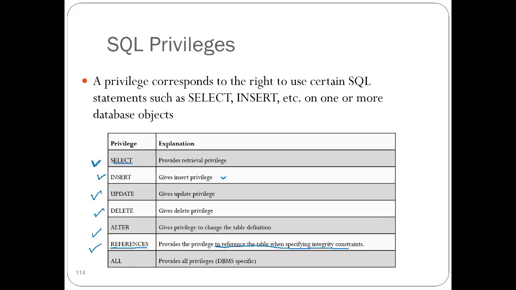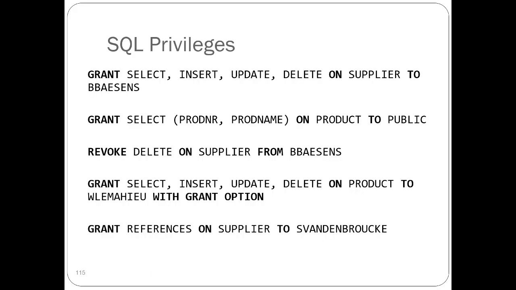And for referential integrity, you know what it is: a foreign key is accessing the primary key of the referred table. And you can also provide all privileges, so the user can perform all queries on the table. Let's look at some examples here.